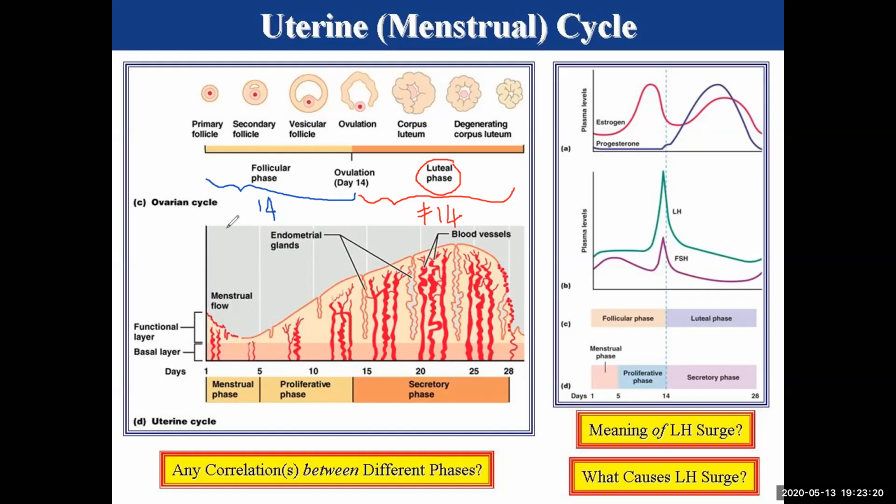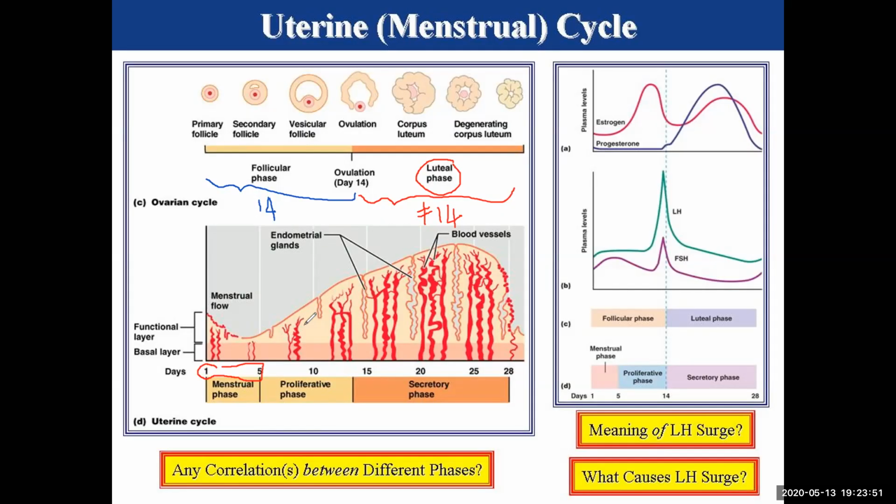So the menstrual phase starts at day one. So the very first day that you have your menses, that's your cycle. That's when it begins. So again, for the first 5 days, what's going to happen is all these blood vessels, without chemical signaling, start to shrink, start to constrict.